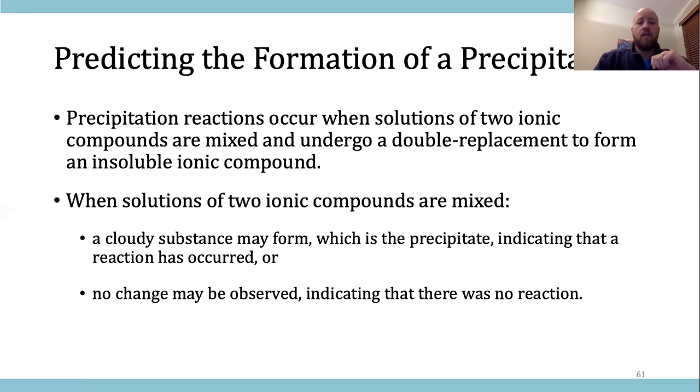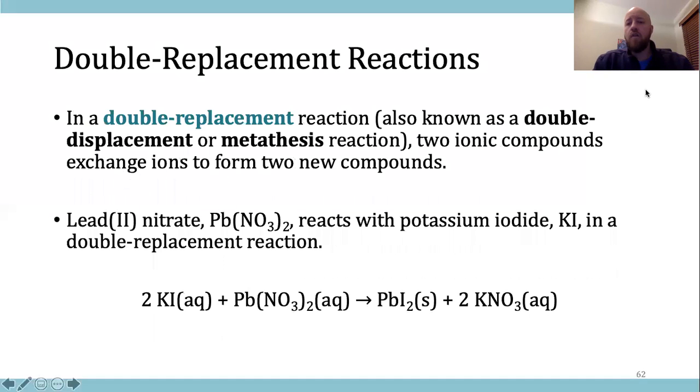All right, so when we do precipitation reactions, all of these reactions are double replacement, which means that when you take, say, lead nitrate and potassium iodide here, the double replacement means they are going to swap partners.